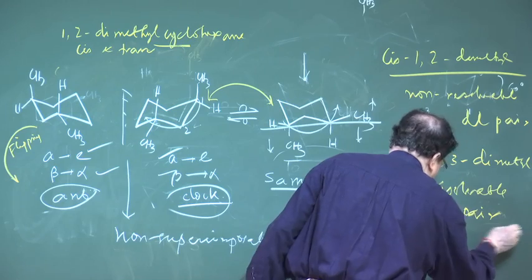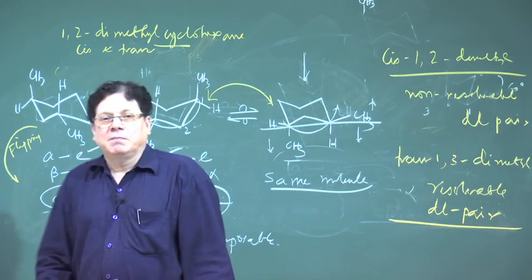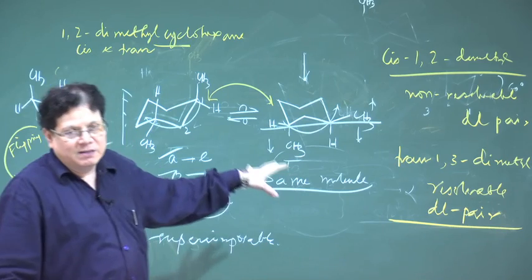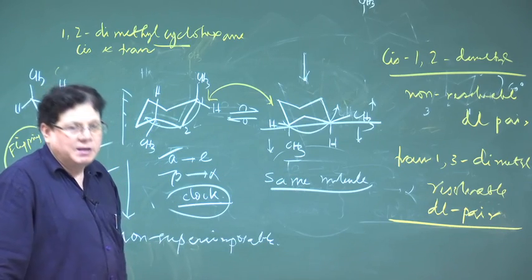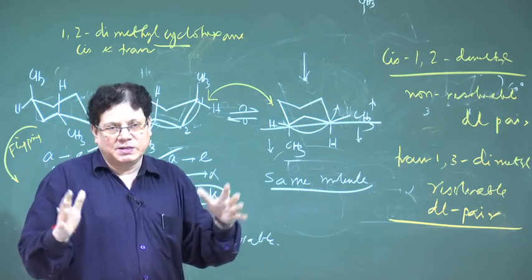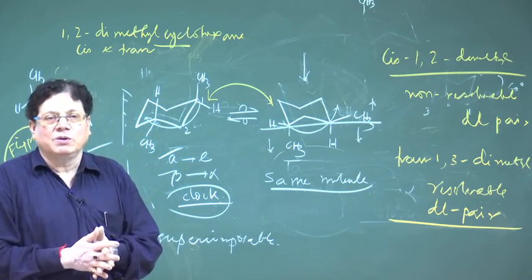Okay. And I hope you have understood what is the basis of this. To check all this chirality in these systems, you have to flip and you have to check the mirror image and see the similarity between all these three systems. Then you can come to a conclusion. Okay. Thank you.